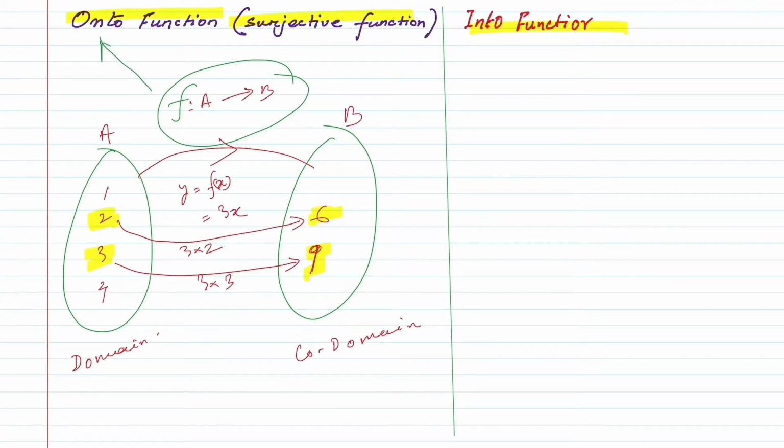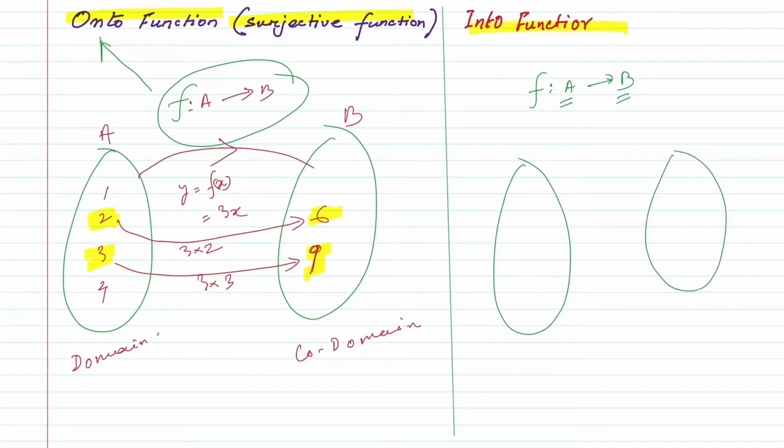Now you see, let me take the same function f from A to B. Here this is the domain, this is the codomain. This is set A, set B. Same function here, f of x is equal to thrice x, suppose, sorry, thrice x only, not thrice x square.